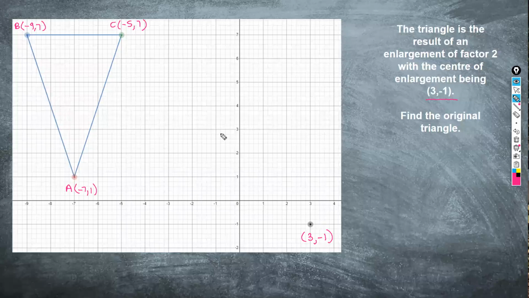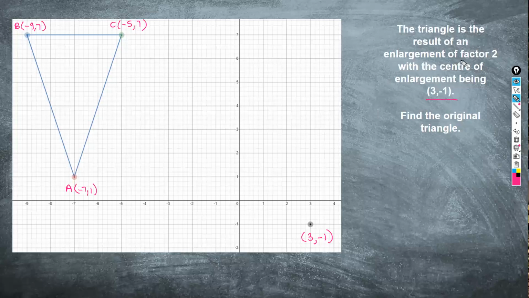Apparently there was a smaller triangle here, and when they enlarged it, you got the larger triangle, which is on the screen at the moment. So we are trying to find back the original triangle.